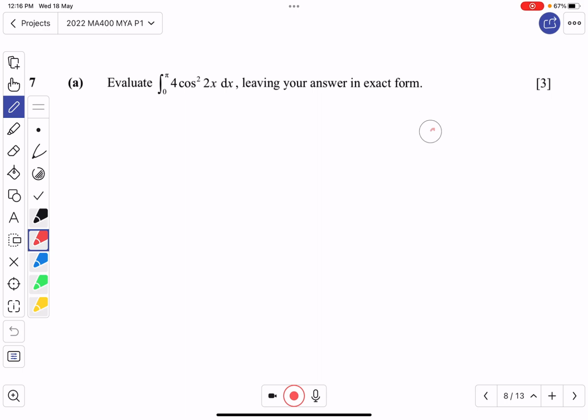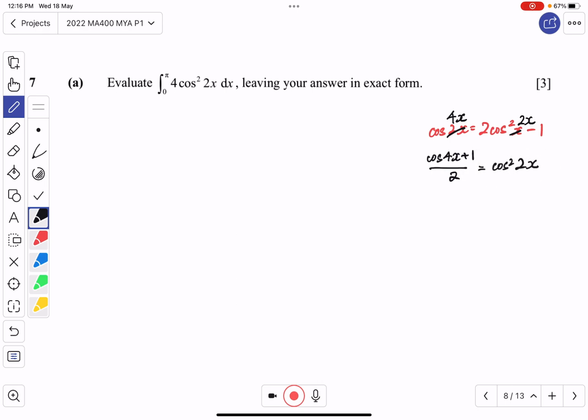Now we know that cos 2x is the same as 2 cosine square x minus 1. Similarly, by the double angle relationship, cos 4x is the same as 2 cos square 2x minus 1. Rearranging this, cosine 4x plus 1 divided by 2 is the same as cosine square 2x.